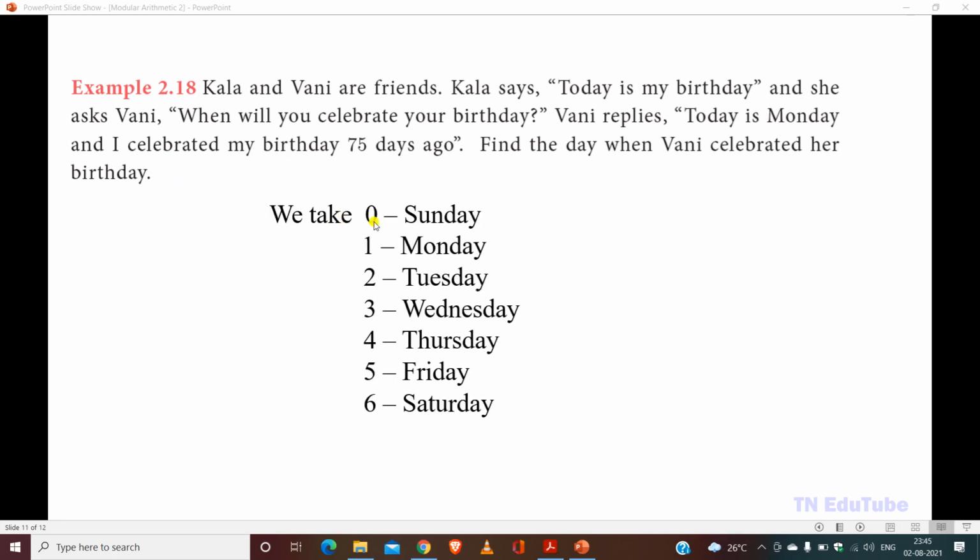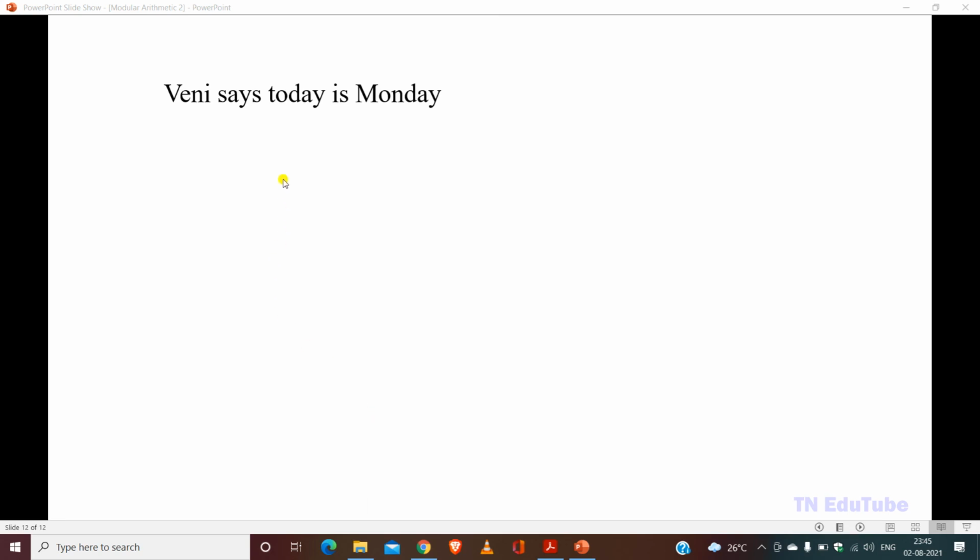So we take 0 for Sunday. We can use only numeric values for doing calculations. So we assume that 0 is Sunday, 1 Monday, 2 Tuesday, 3 Wednesday, 4 Thursday, 5 Friday and 6 Saturday. Vani says today is Monday, so the numerical value is 1.